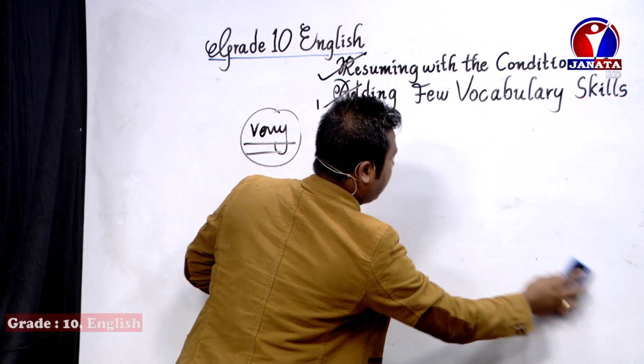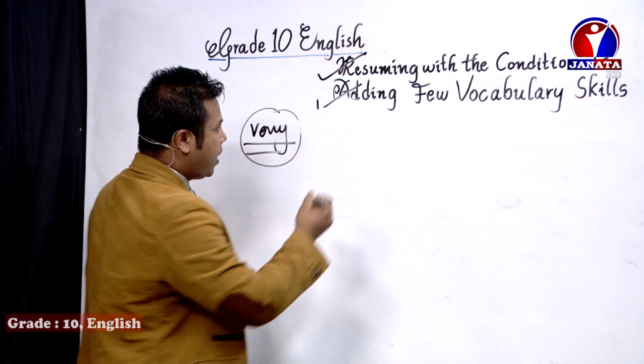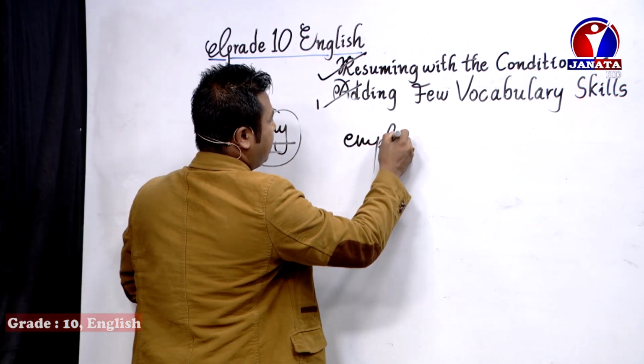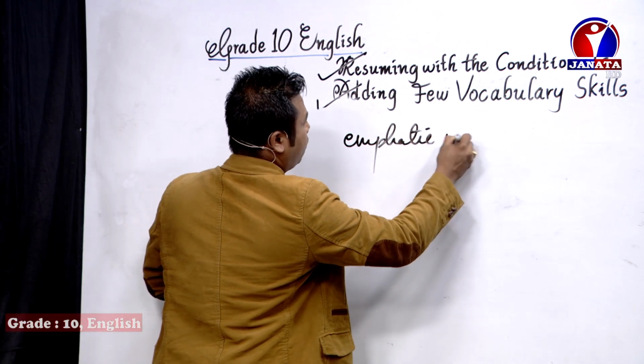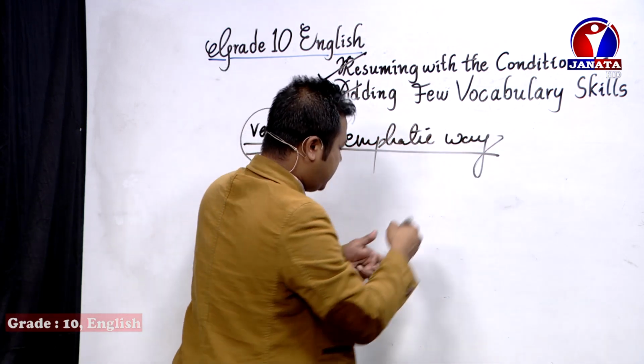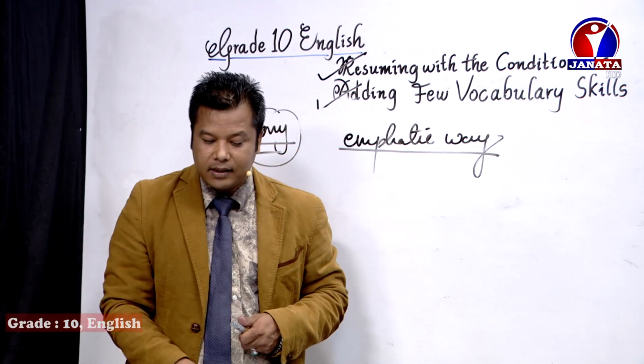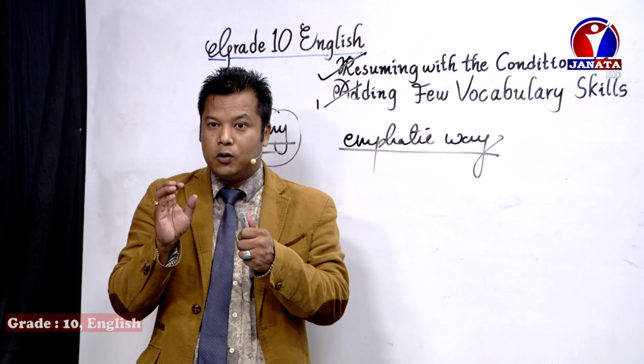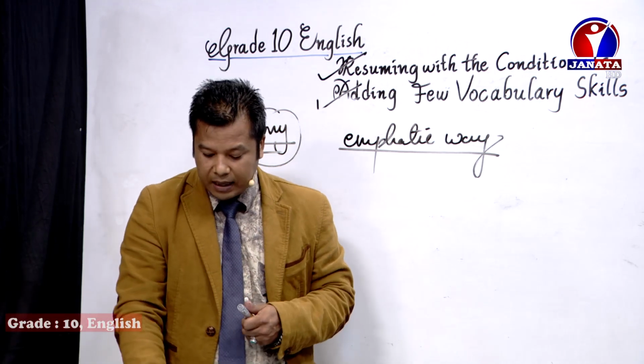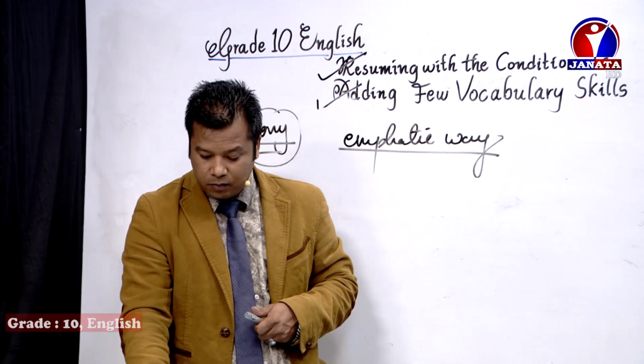Emphatic. How to bring this emphasis in our writing? Emphatic way, to bring the emphasis. In fact, when I introduced these vocabulary skills to you, I spoke on this idea, to replace the idea of very or really. Two examples I have brought for you people.